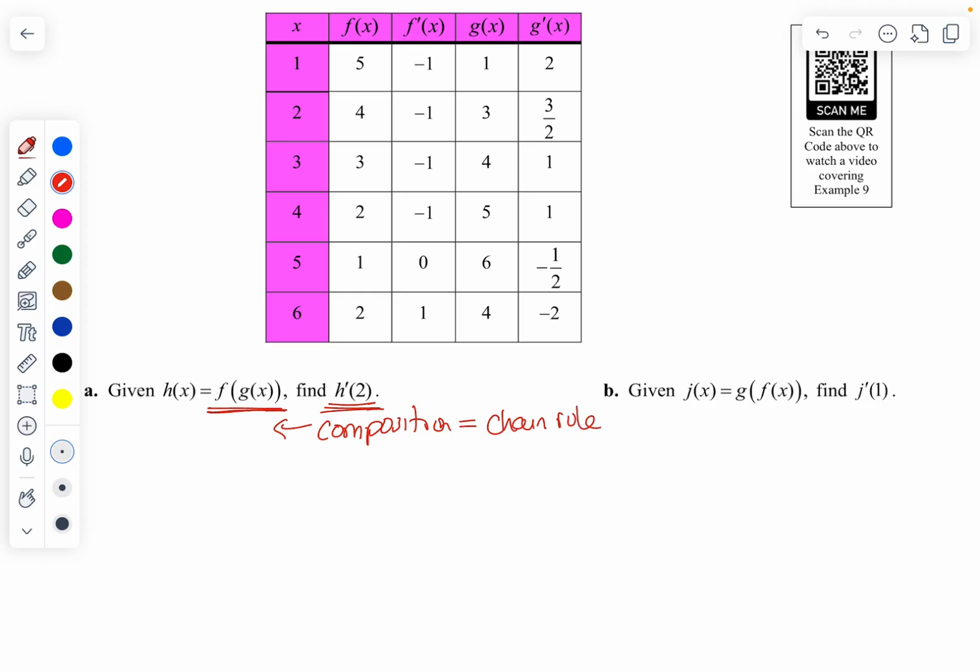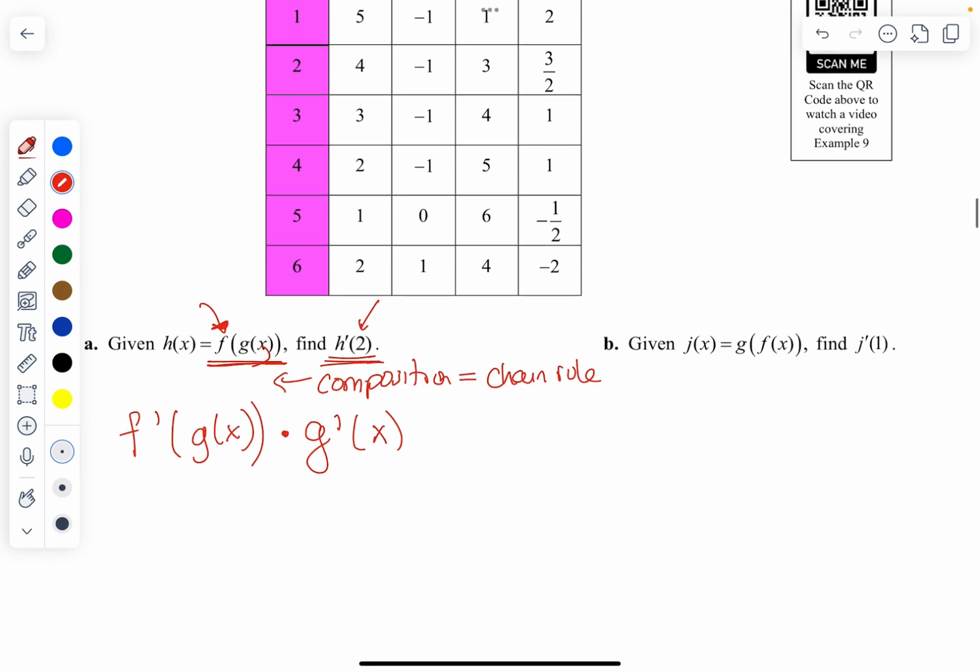Whenever you have a composition function, you're going to take the derivative of the outside first, right, with the inside stuff following. So it's going to be f prime of g of x times the derivative of the inside. And now we're going to plug in that 2.